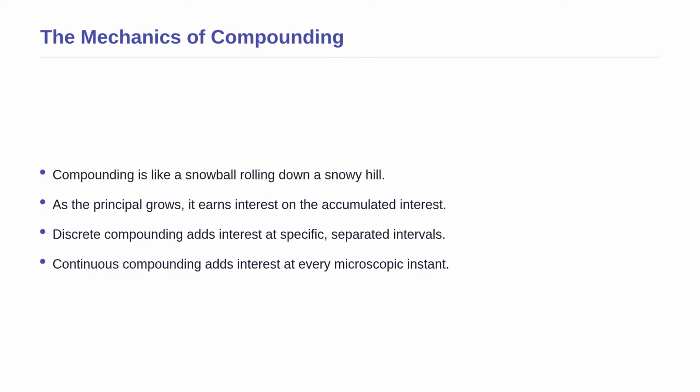If you stop the snowball once a year to pack the snow tightly, that is like annual discrete compounding. But if you let it roll smoothly without ever stopping, picking up snow continuously at every microscopic fraction of a second, that is continuous compounding. In finance, how often we stop to pack the snow changes everything.